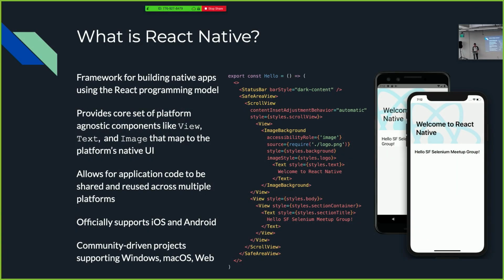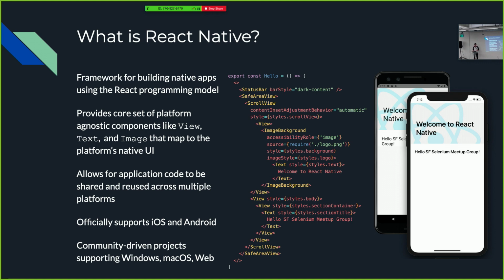So what exactly is React Native? React Native is a way to create native applications for Android and iOS using React. You write React-flavored view code and have it compile to iOS and Android through React Native.